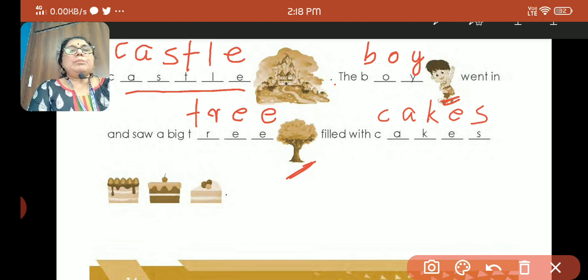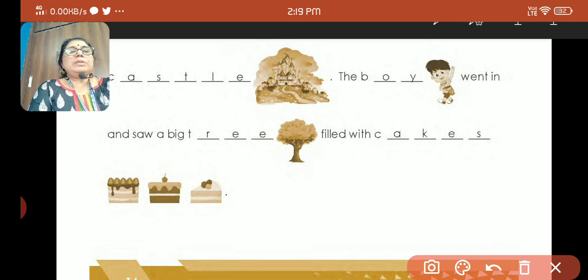Castle, boy, tree, cakes. He went up the hill, then he saw a castle. The boy went in and saw a big tree filled with cakes. Got it, children? Done? Good. Now let's go to the next exercise of ours.